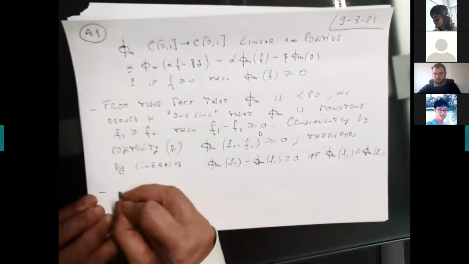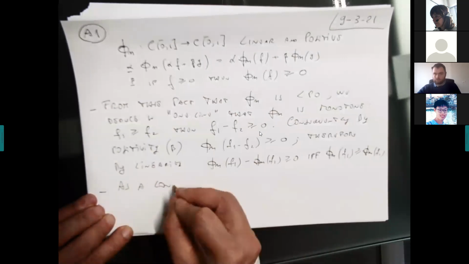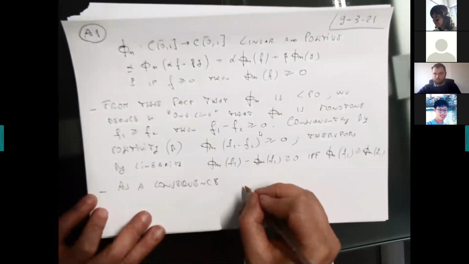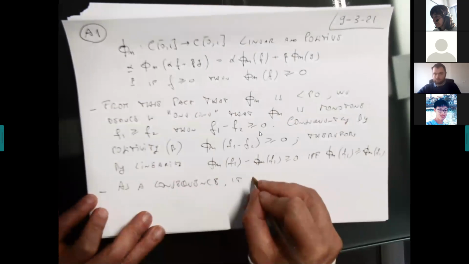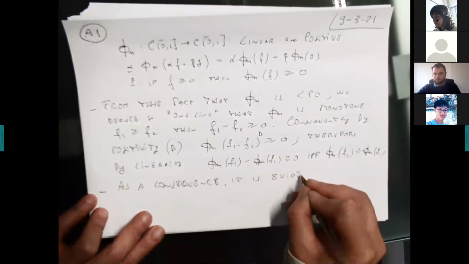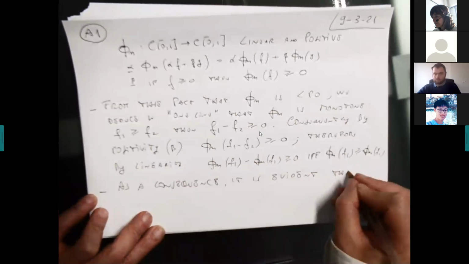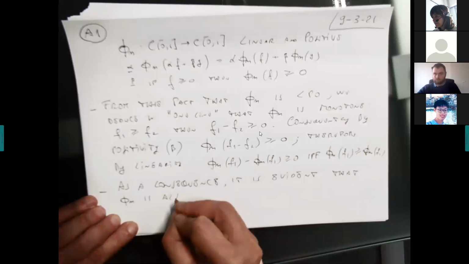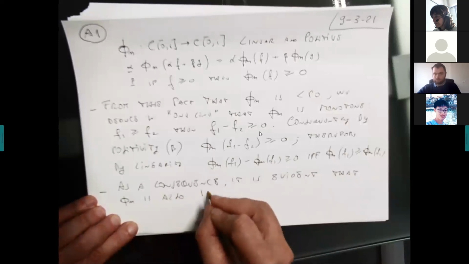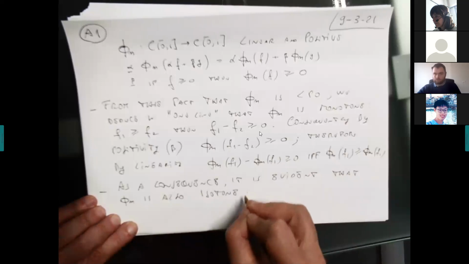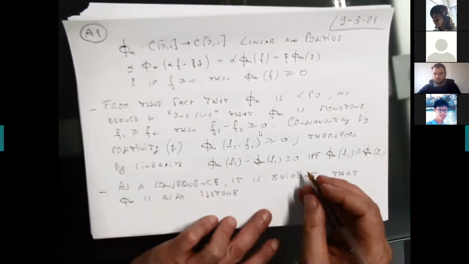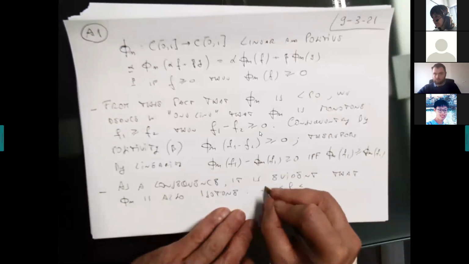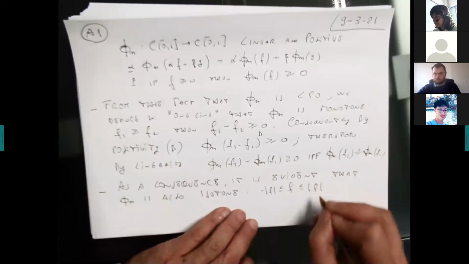And as a consequence, it is evident that phi n is also isotone. What I mean? It is clear that f is between minus the modulus of f and the modulus of f.